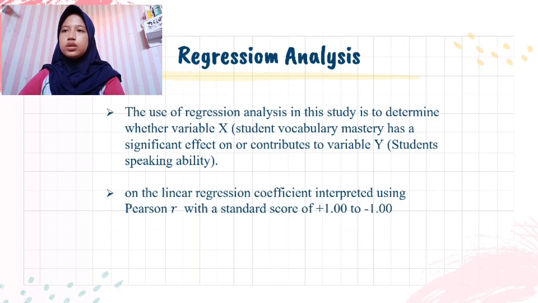This regression analysis will be applied if there is a relationship or correlation between the two variables. Regression is an analysis that focuses on how one variable affects another variable.